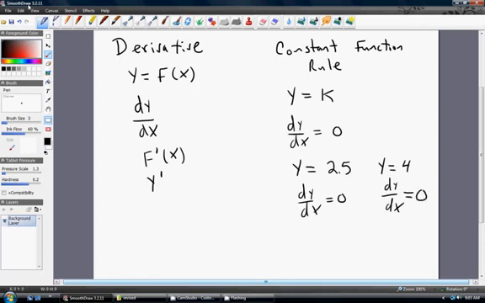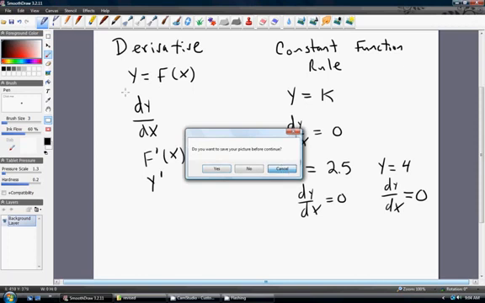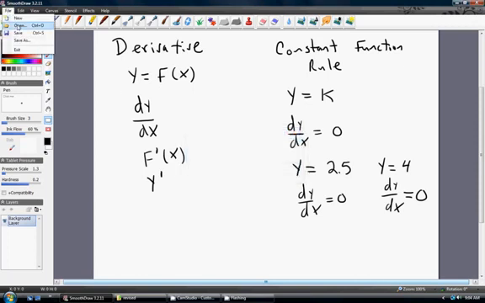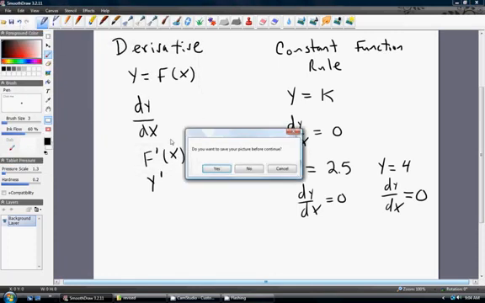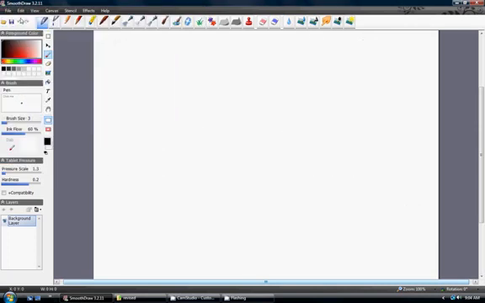Alright, let's move on to the next rule. Let's now look at the linear function rule.